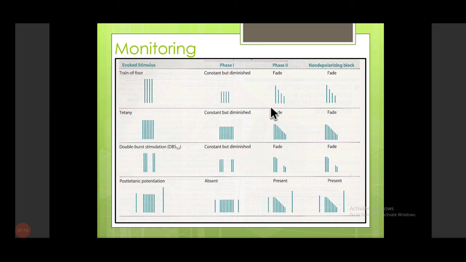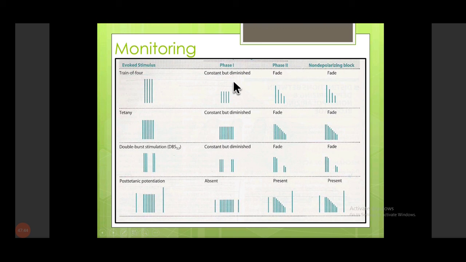It shows that in a normal scenario, if we were to elicit the response based on the contraction and the stimulation of the nerve, these would be the responses. But in case of the depolarizing blockers and non-depolarizing blockers, in depolarizing blockers we see that the responses are constant but diminished.